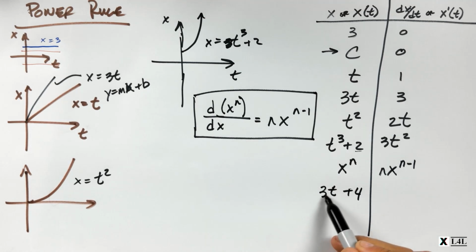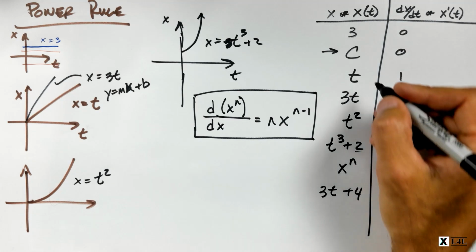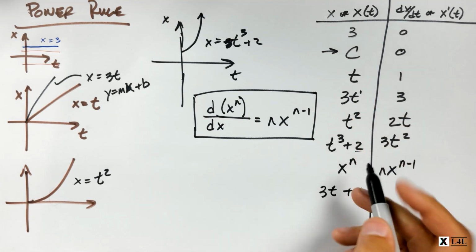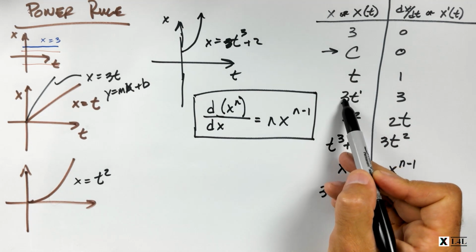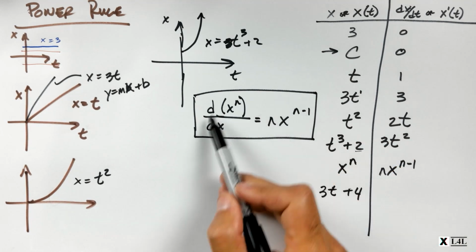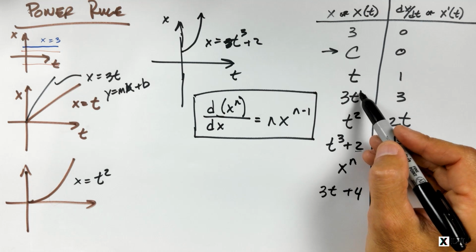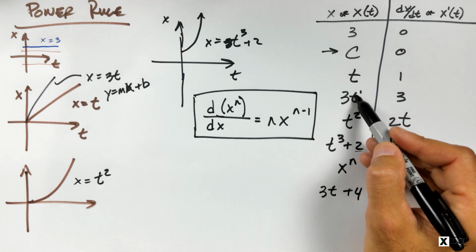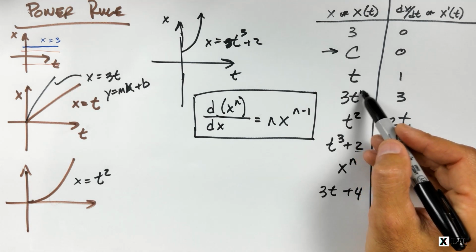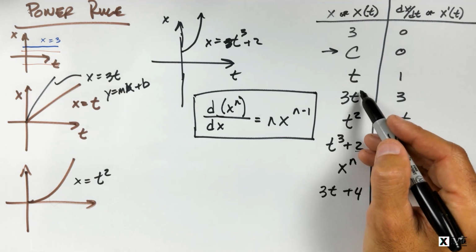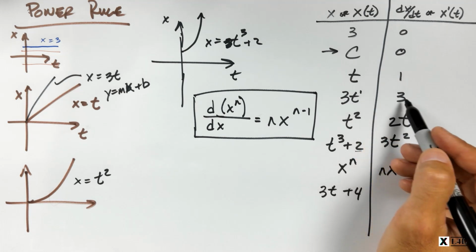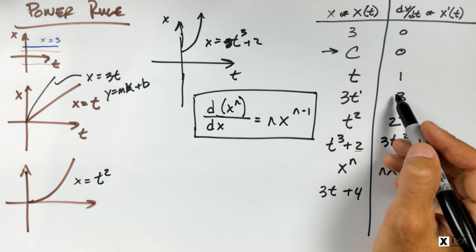Well, 3t is really like 3 times t to the first power. So if I take 1 and multiply it down, this gives me 3, and then t to the 1 minus 1 is t to the 0. Anything to the 0 power is just 1, which is why we end up with 3. 3 times 1 is 3.